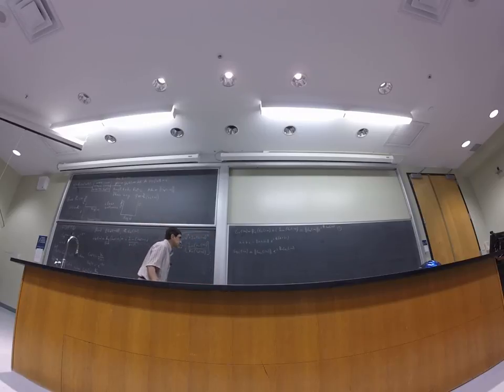And I can rewrite Gz2 of iω as the magnitude of Gz2 of iω times e to the i argument of Gz2 of iω. Let's call this equation 2. So far so good?